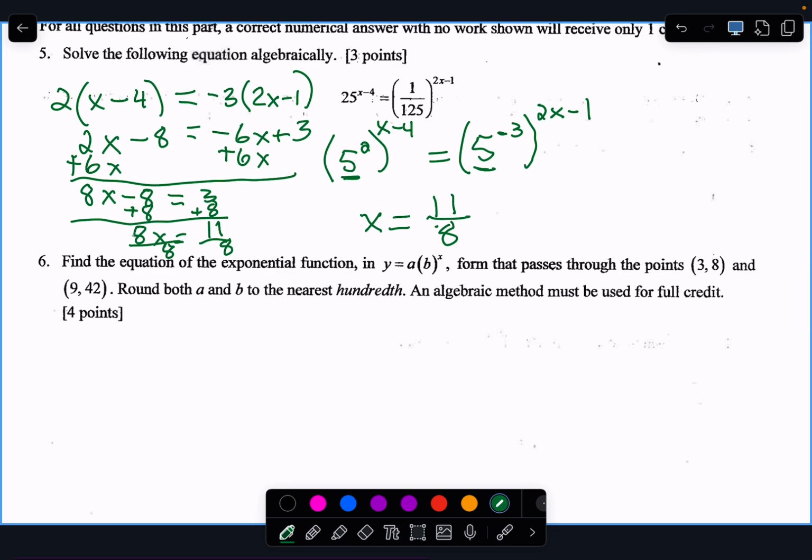Find the equation, right? So you're going to have to find the equation tomorrow, given 2 points. So I like to do this one first. 9, 42. Right, this way when I subtract my exponents, when I divide, this is a times b raised to the 9th power.